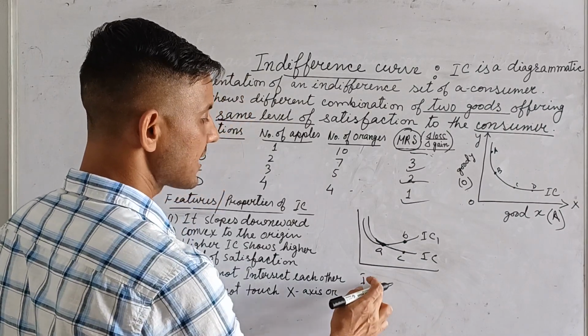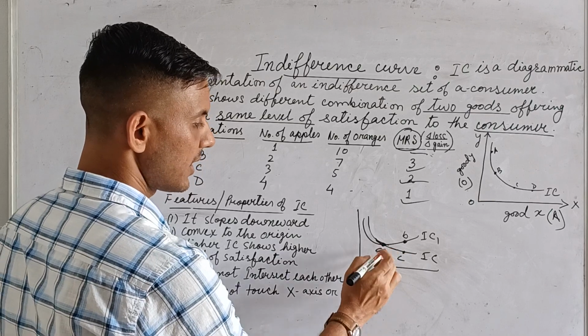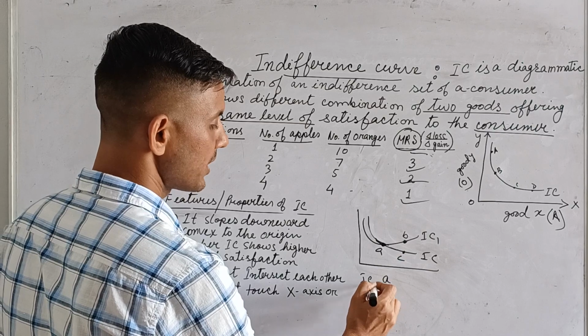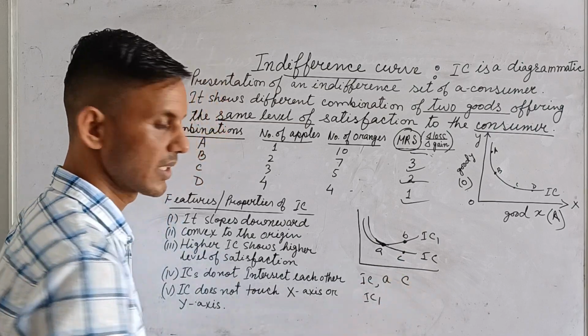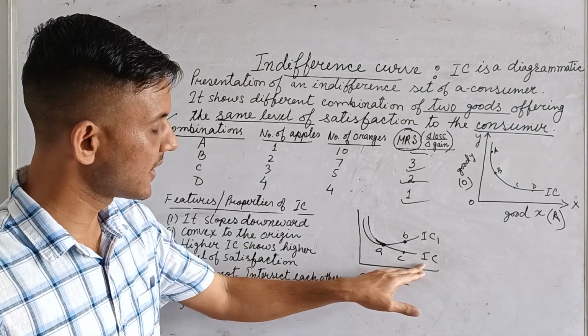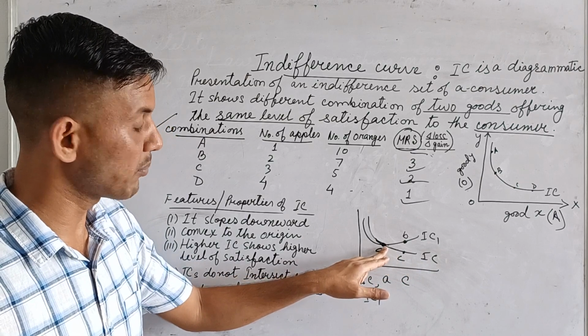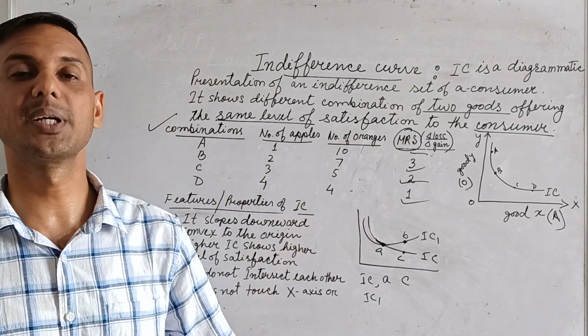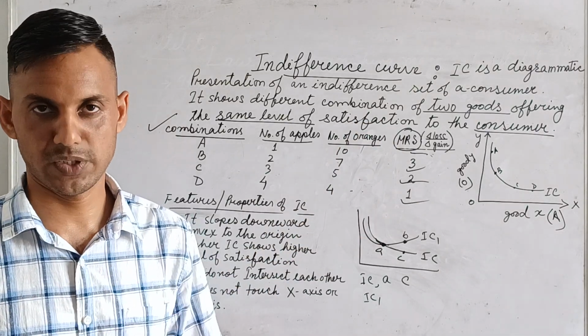On the IC curve, there are 2 points, point A and point C. According to the definition, it represents equal satisfaction.